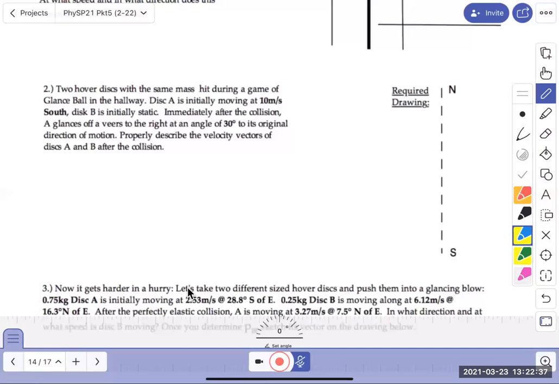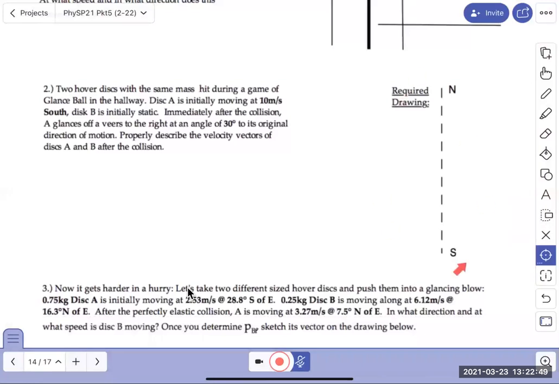I'm going to give you a minute to first read number 2, and then maybe lightly in pencil, try and sketch out what you can on the drawing over here. Let me give you a minute to do that. I'll put it on pause.